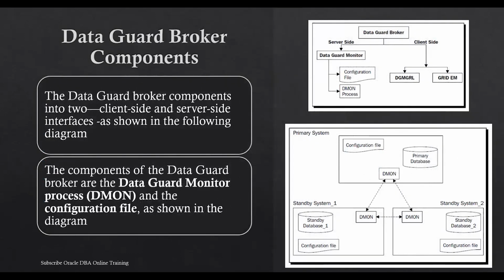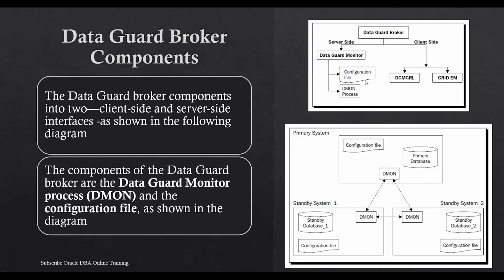So the next part is Data Guard broker components. We can see it on the screen. We have various subcomponents. The main part involved in Data Guard broker is basically a daemon process. If you can see on this diagram, we have a server-side configuration that is a Data Guard monitoring tool that keeps running with the help of your configuration file along with a daemon process.